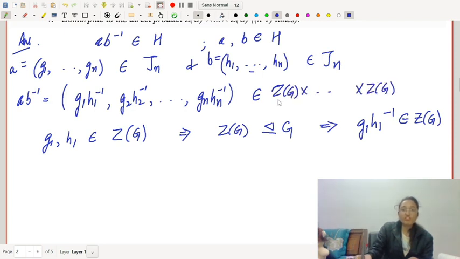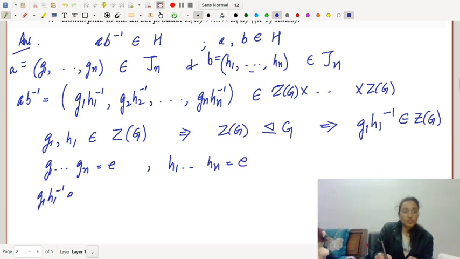Now we have to check whether it belongs to Jn or not. Its condition is that the product of all these individual components should be identity. Now, since g1 up to gn is equal to identity and h1 up to hn is identity, then g1 h1 inverse, g2 h2 inverse, in product multiplication basically, up to gn hn inverse is what?